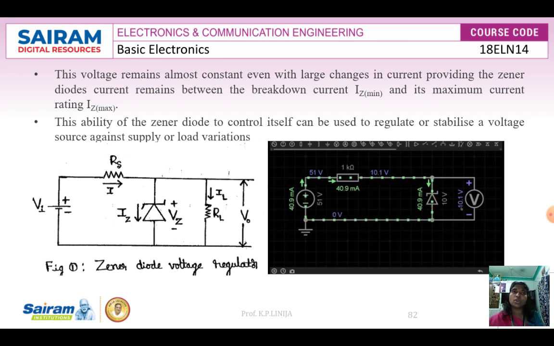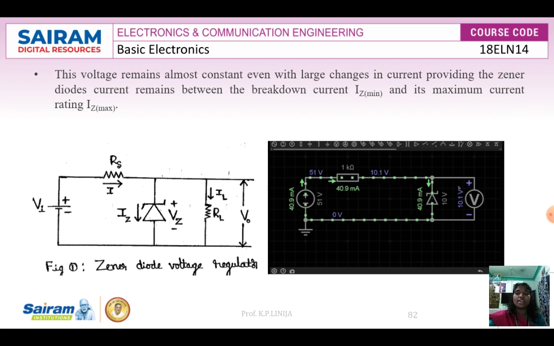Across the load resistor, the load current IL is flowing. This voltage remains constant, and when there are large changes in current, the Zener diode current will supply it. That means there is a breakdown current between the Iz minimum and the maximum current rating.